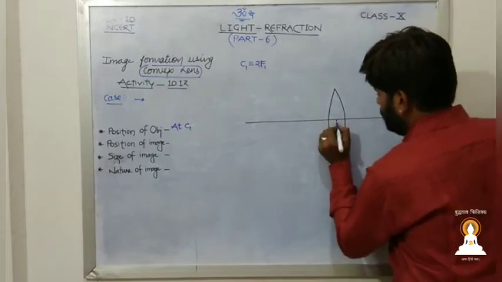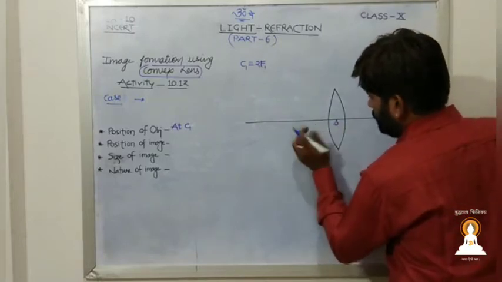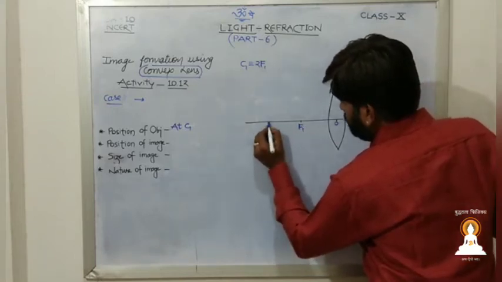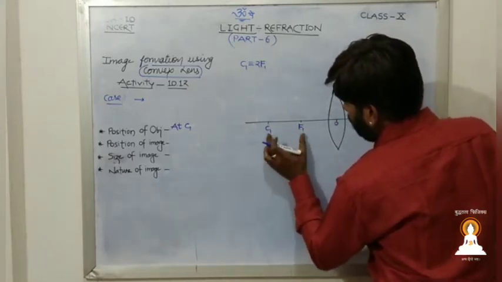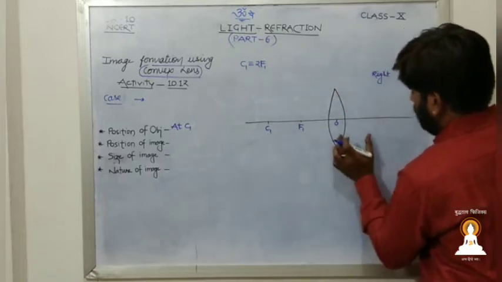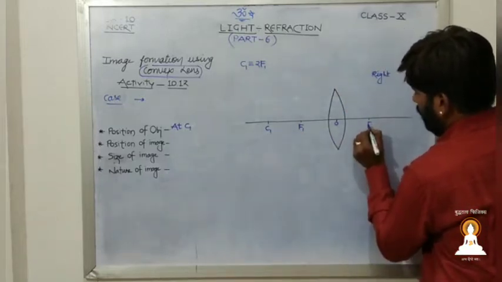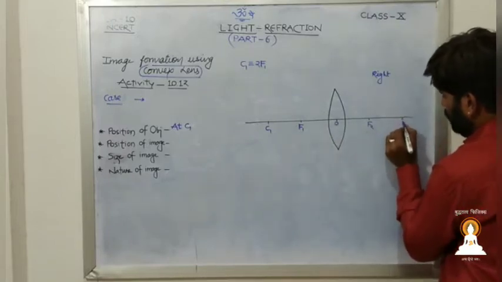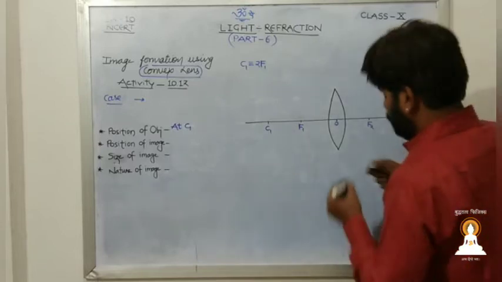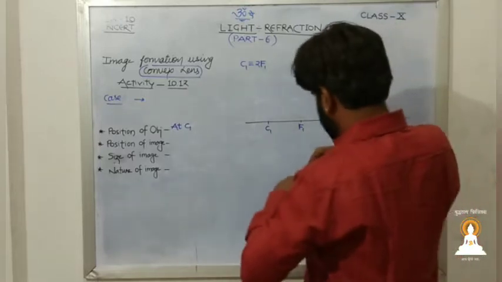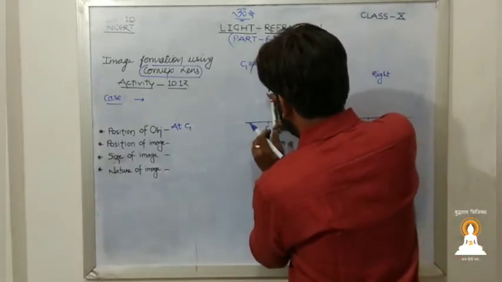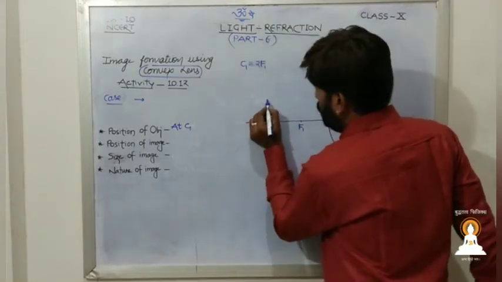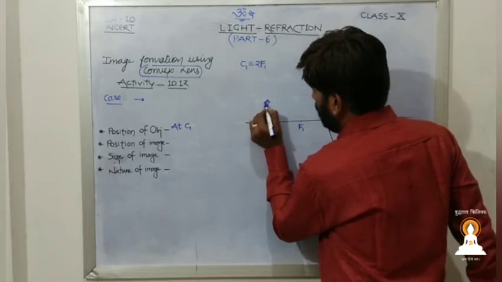This particular point is point O, this is F1, this is C1, and at equal distance this is F2, this is C2. Now position of object is at C1.